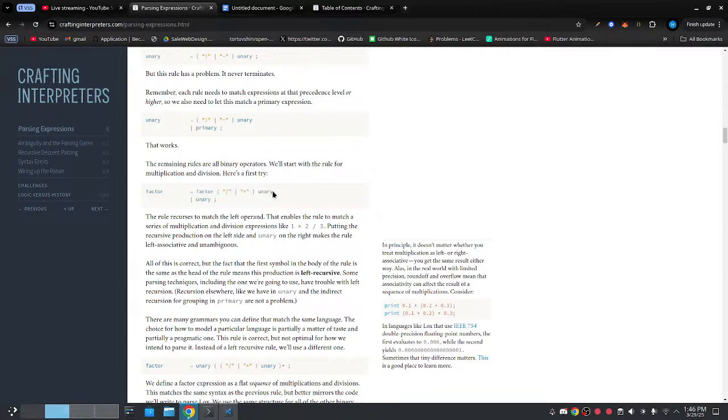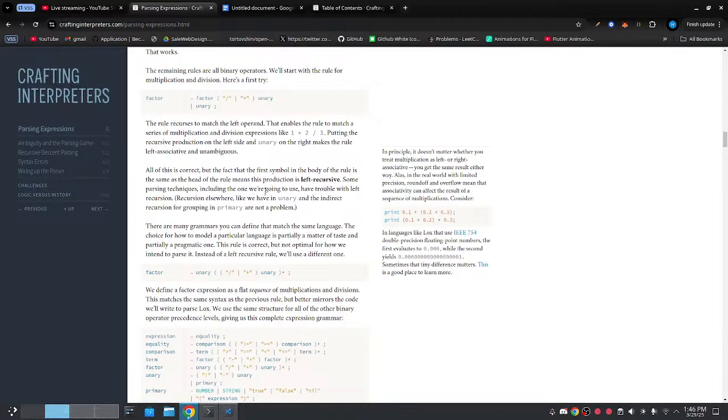All of this is correct, but the fact that the first symbol in the body of the rule is the same as the head of the rule means this production is left recursive. Some parsing techniques, including the one we are going to use, have trouble with left recursion. What?